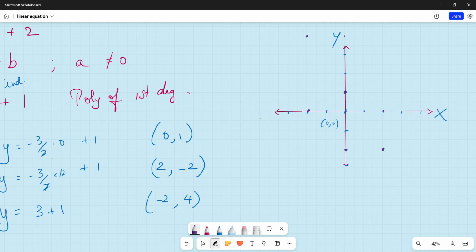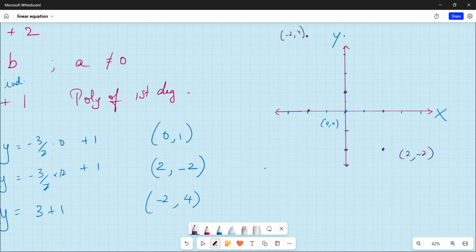This is the point which represents minus 2 comma 4, and this is the point which represents 2 comma minus 2. Now connecting all these coordinates, we get a straight line.